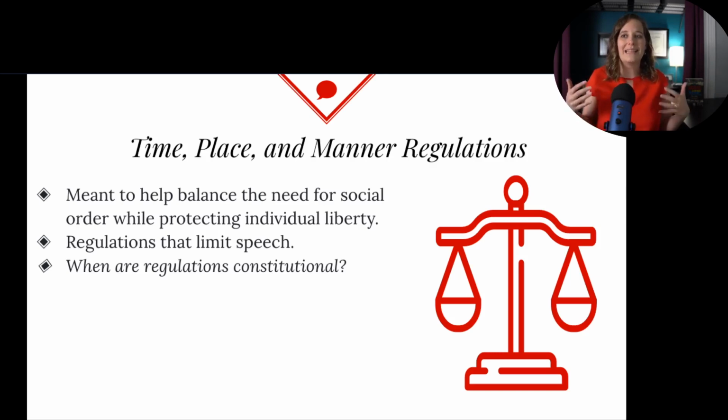So basically, these are the rules that the government has to follow if they want to restrict speech. So the first rule is that the restriction has to be content neutral. It cannot suppress the content, only the medium through which the content is being passed.